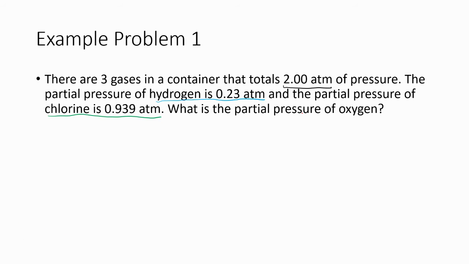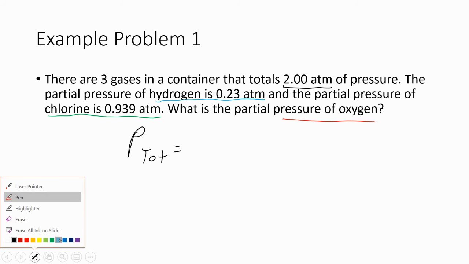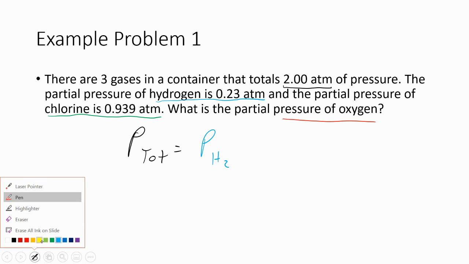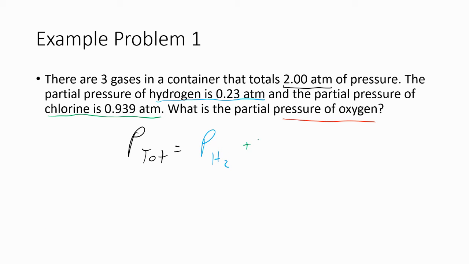And the question is what's the pressure of the oxygen? So the P total is going to equal the contribution by hydrogen plus the contribution by chlorine plus the contribution by oxygen. So all three of these gases exist and they're all contributing to the total.